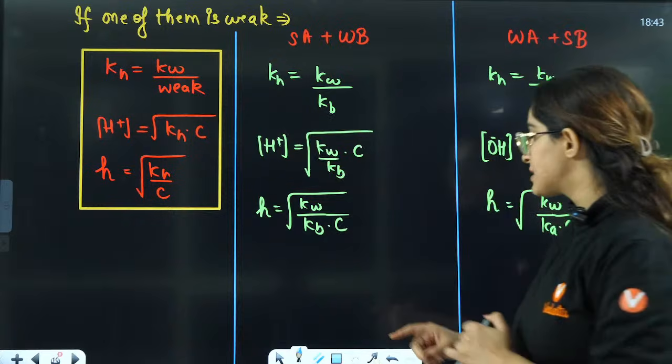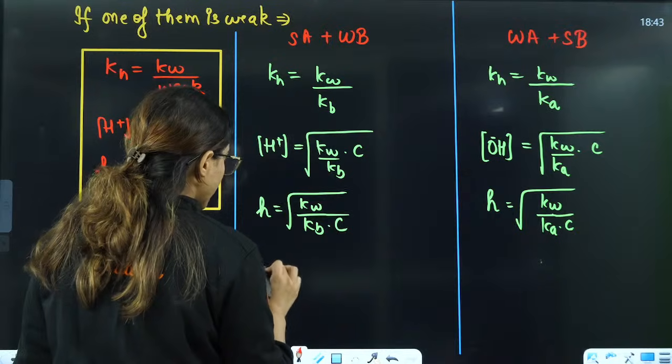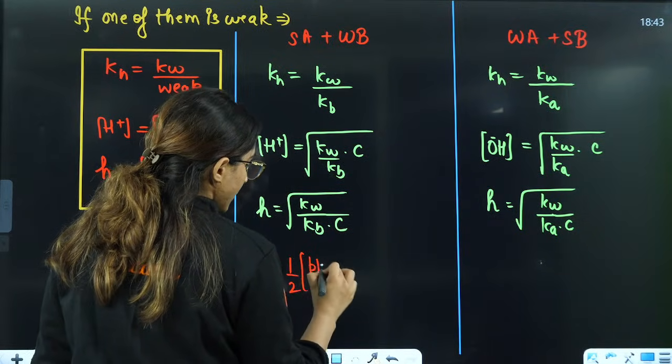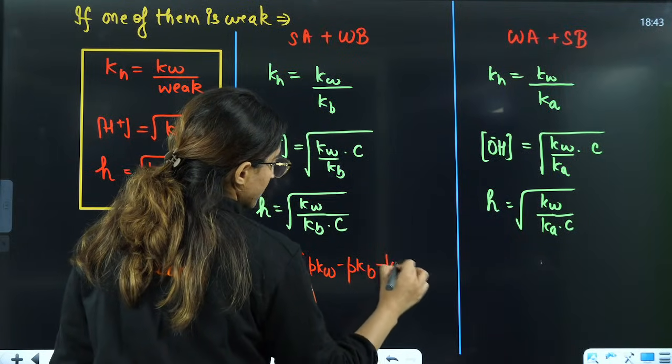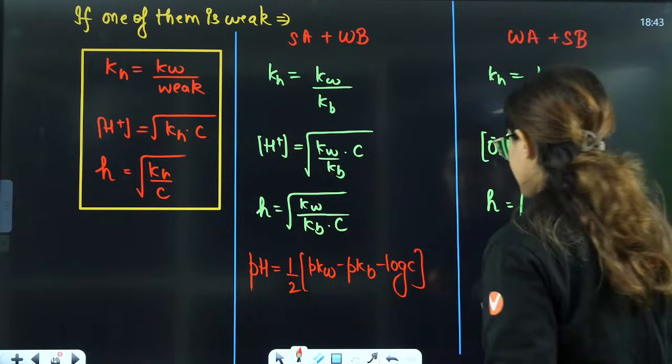Here, what you will see is that the value of pH is going to be, you can just write it here, pH is equal to half of pKw minus pKb minus log of C. Okay, because it is Kb and C is there.